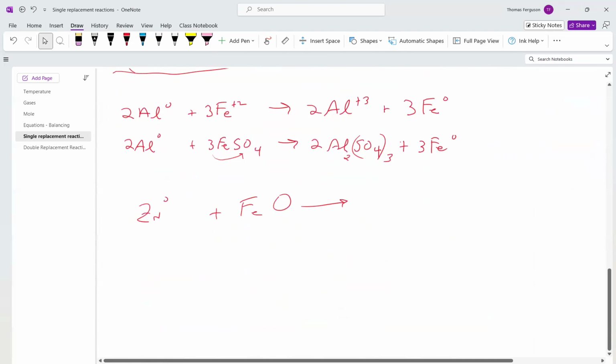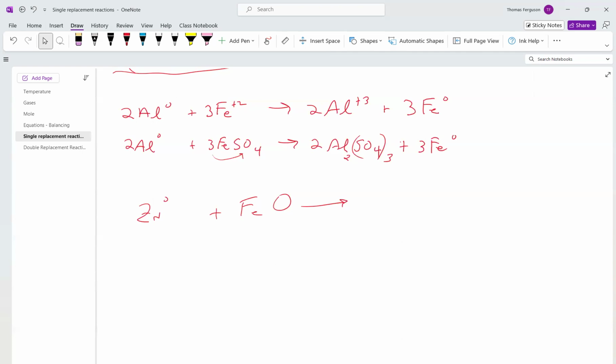So which is the salt here? Iron. Which is the metal? Zinc. All right. Find those on a chart. Which is higher, the zinc or iron? Zinc. So the iron salt is below the metal.